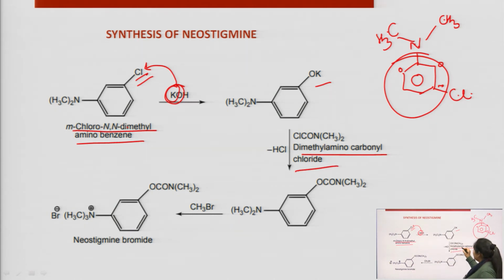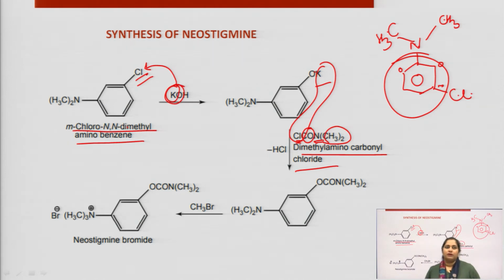Now, we have dimethylamino, carbonyl, and chloride. The KCl will get removed, and the whole group will be incorporated along with the oxygen. So, OCON(CH3)2 is incorporated as it is.